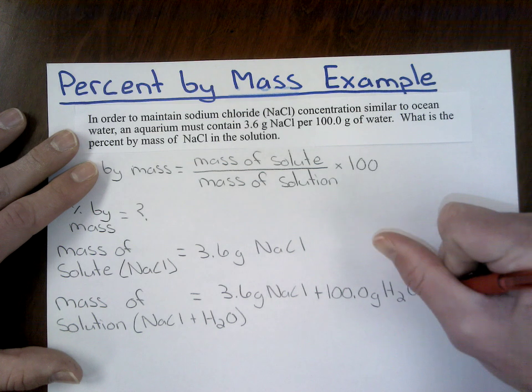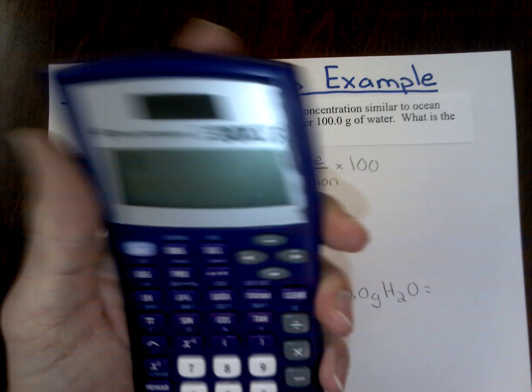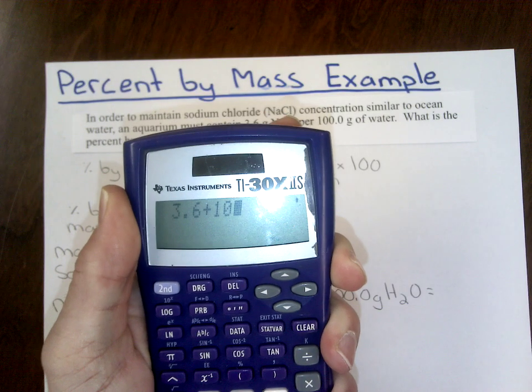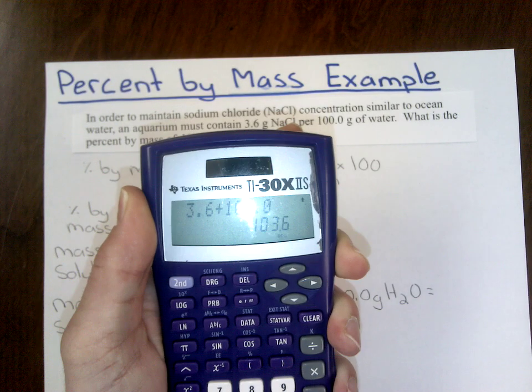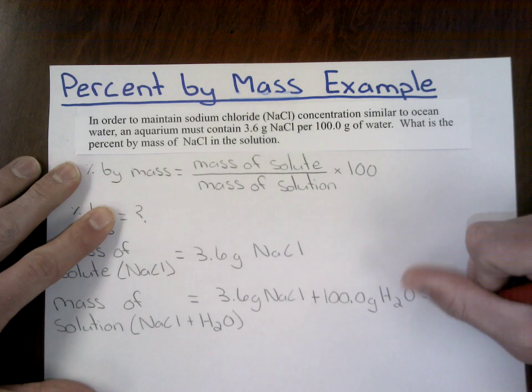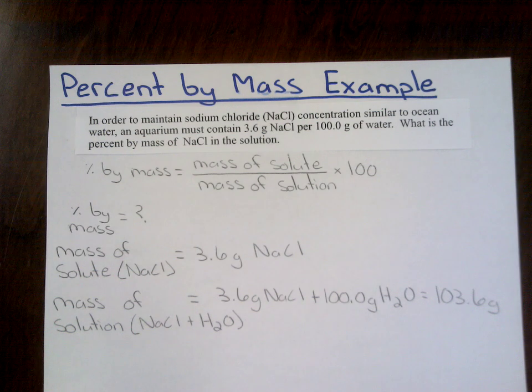If we turn to our calculators here, we add together 3.6 plus 100.0, and we get a value of 103.6. So our mass of our solution is 103.6. Now we have all the players of the game.